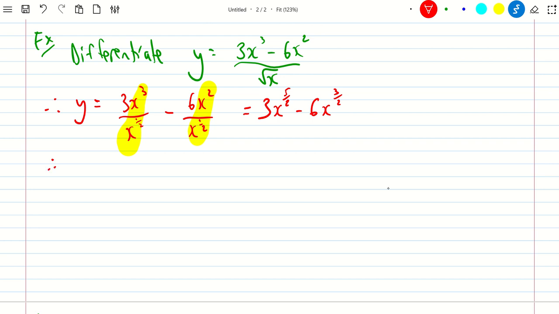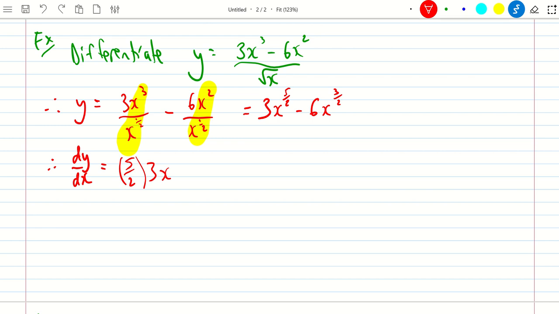So therefore the derivative of y with respect to x, otherwise known as dy dx, is equal to, so that 5 on 2 comes down the front. I'm just going to take my time a little bit here. 5 over 2 comes down the front, and then we've still got the 3x, and that 5 over 2, we subtract 1. So 5 over 2 take away 2 over 2 is 3 over 2.